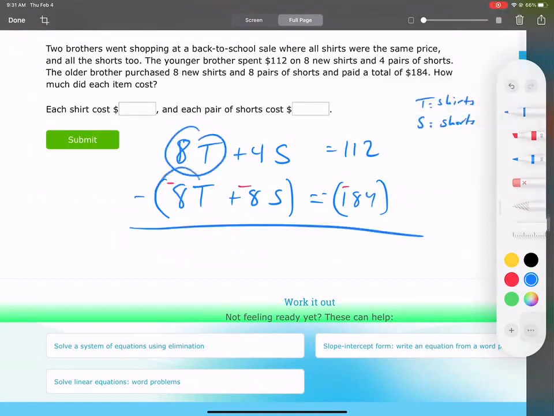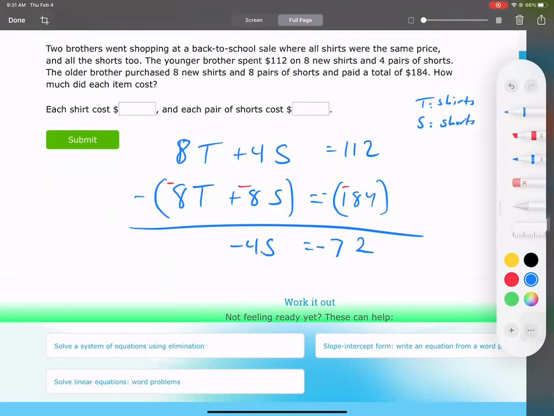So 8t minus 8t is 0. 4 minus negative 8 is negative 4. And 112 minus 184 is going to be negative 72.